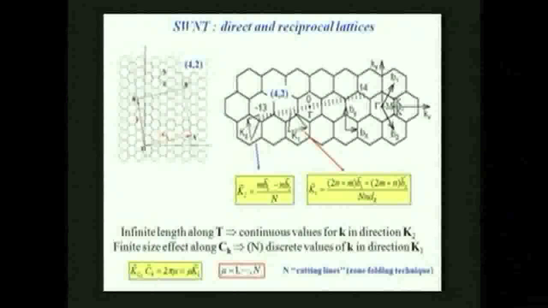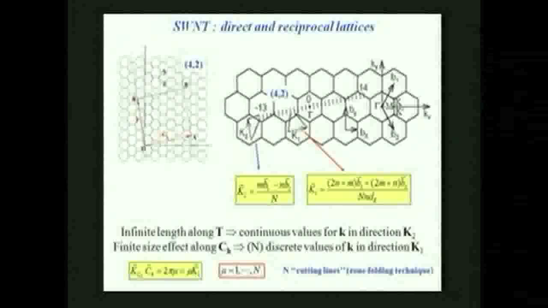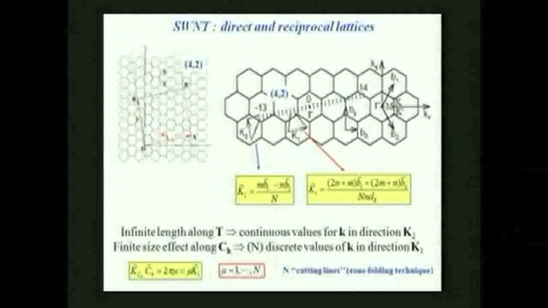So once again, every electronic property of nanotubes will be calculated from that of graphene, provided that we know the allowed values for the K1 vectors, the discrete lines drawn on this graph for the (4,2) nanotube.